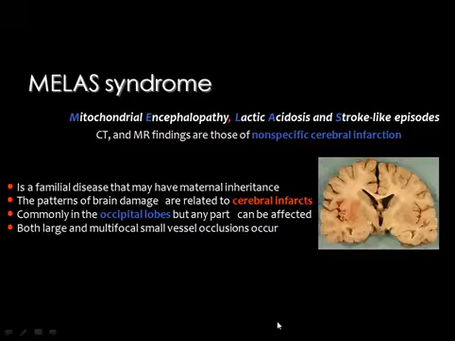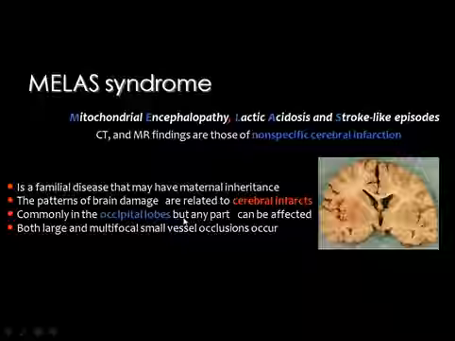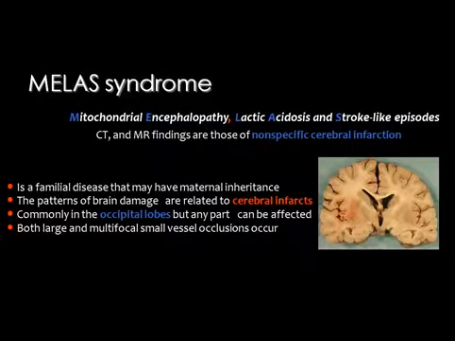Then we came to MELAS syndrome, which is the abbreviation of mitochondrial encephalopathy, lactic acidosis, and stroke-like episodes. This is a familial disease, and the main abnormality in this disease is the presence of cerebral infarction. There is always a debate about whether these cerebral infarctions are due to ischemia or due to this metabolic abnormality.